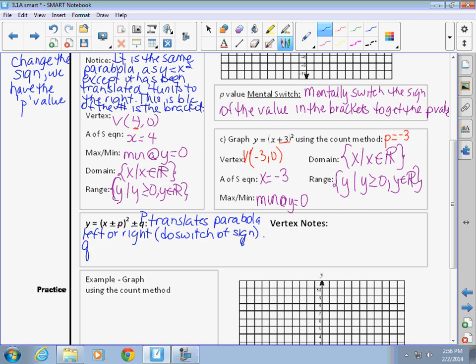Q then translates our graph up or down. And there is no switch of sign for q. A couple of notes about our vertex. What we've noticed after drawing a couple of graphs here is that our p-value is the x-coordinate of the vertex.